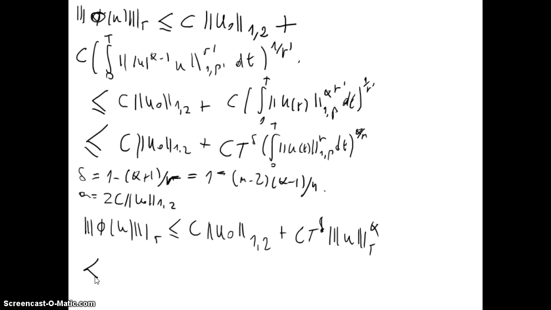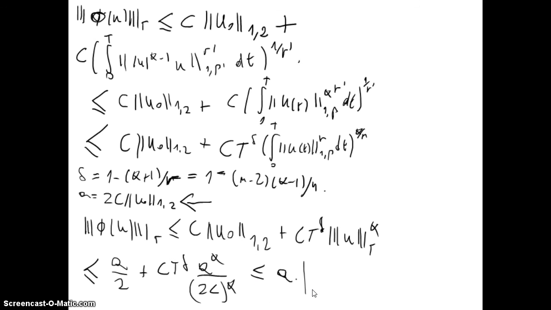This will be less than or equal to a over 2 plus c t^delta a^alpha over 2c to the alpha, and with an appropriate choice of a, this is less than or equal to a.